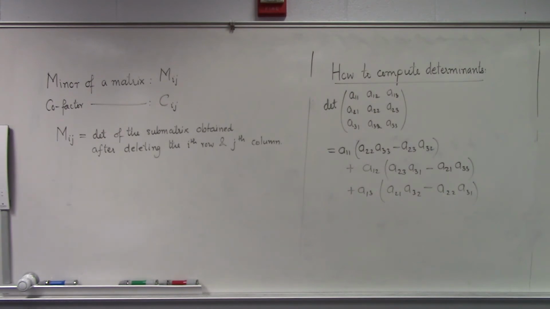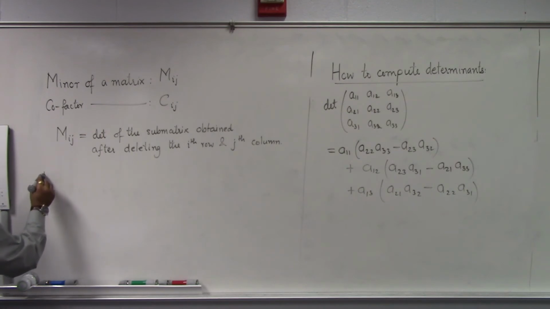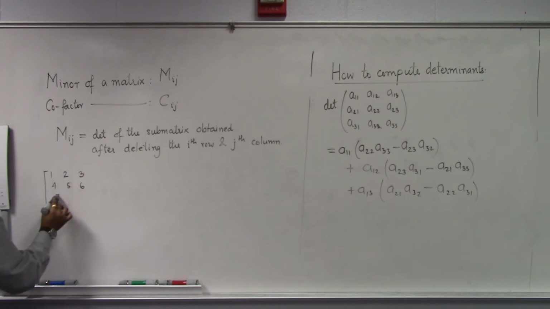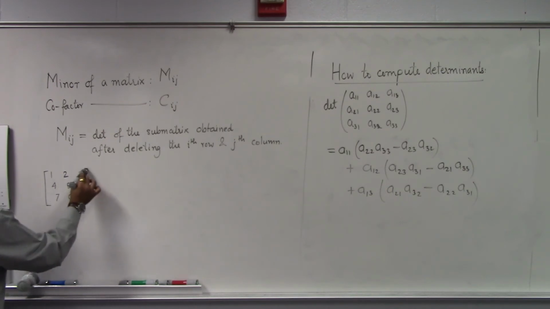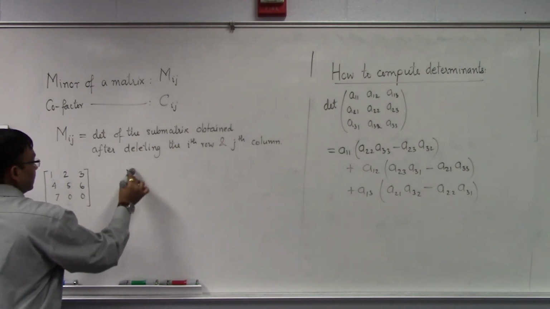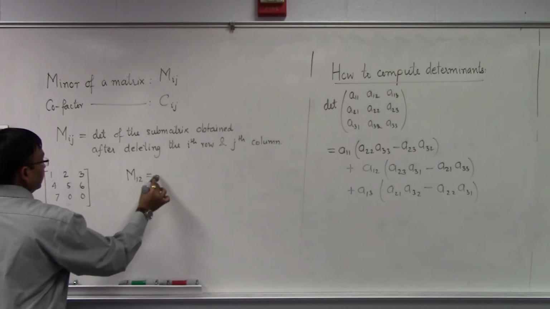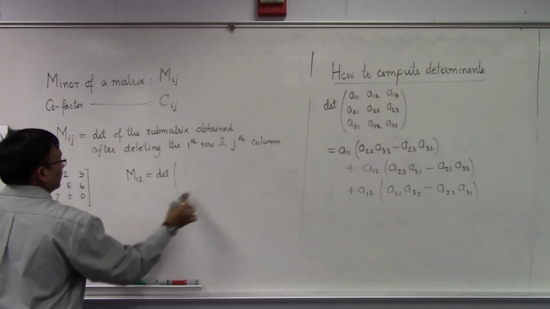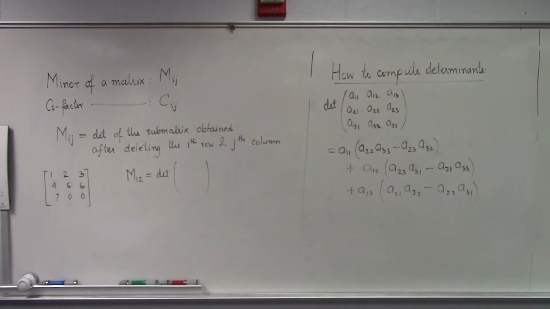So for example, if you look at the following matrix, let me have a simple matrix, say 1, 2, 3, 4, 5, 6, 7, 0, 0, something like this. The M12 minor would be the determinant of the matrix that I obtain after deleting the first row and the second column.